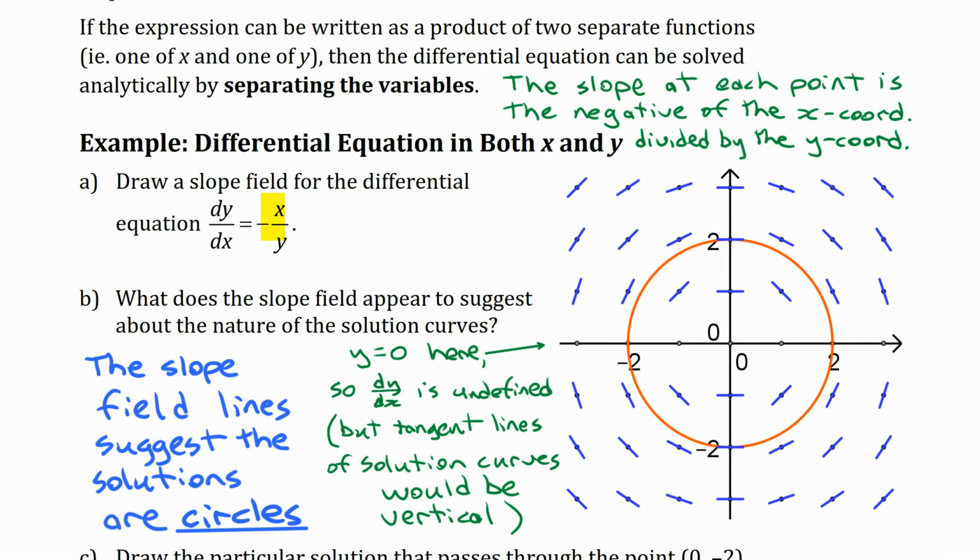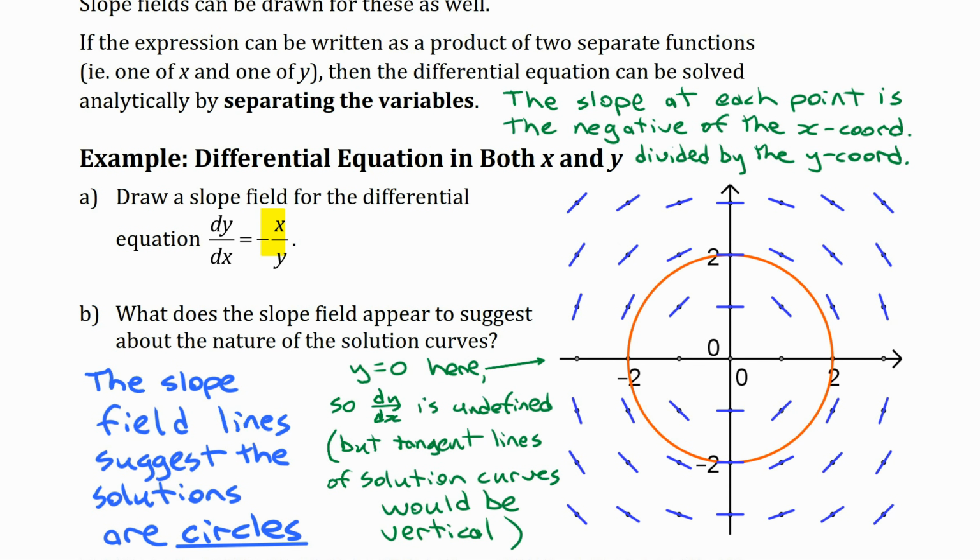Maybe before we look at the curve, one other thing you notice is there's nothing drawn along here. GeoGebra does draw something there, but the convention is that you don't, because everywhere there y is 0. When y is 0, this expression is undefined, so the derivative is undefined there and you don't draw any lines.